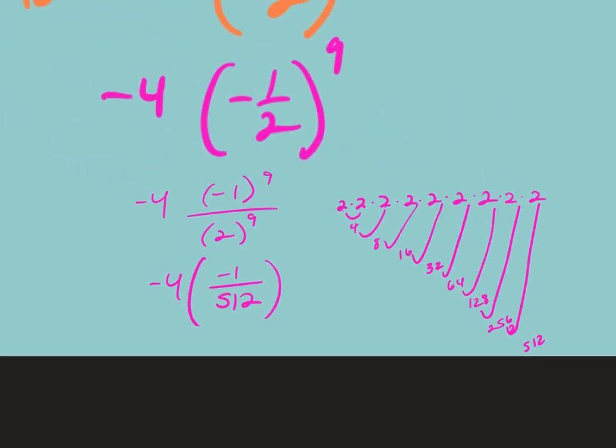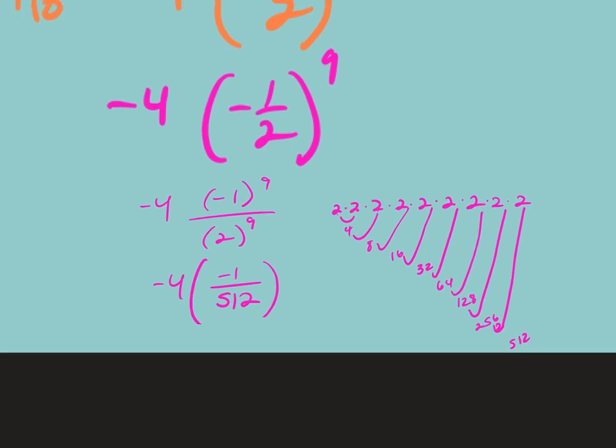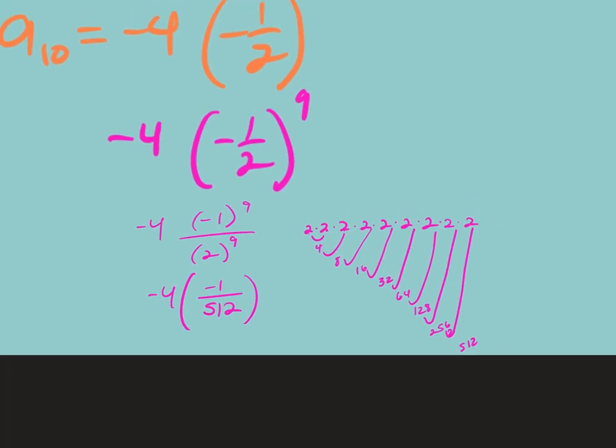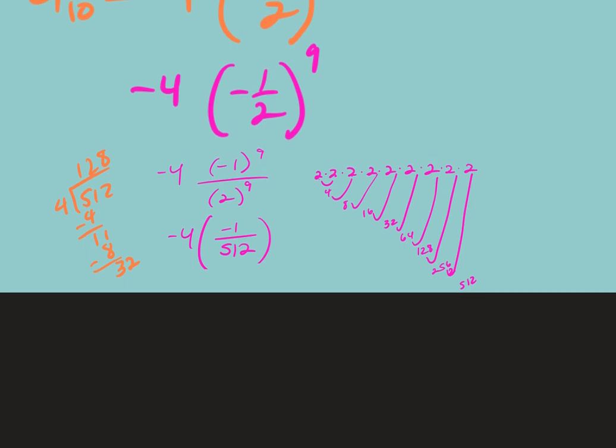So again, even if you're given a calculator, you won't be able to rewrite this as a decimal. You would have to do 2 times 2 times 2 times 2 times 2 until you got to the 9th, okay? And then I want to see if this reduces. So does 4 go into 512? 128 times.